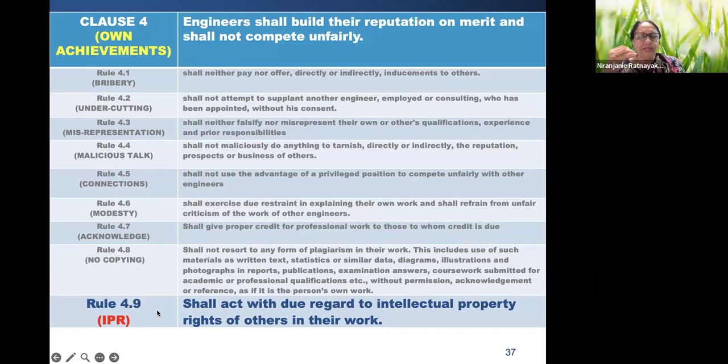4.9 is where someone has actually produced, written or done something that belongs to them. It's like copyright. Intellectual property rights is more serious, more legally binding than just acknowledging.